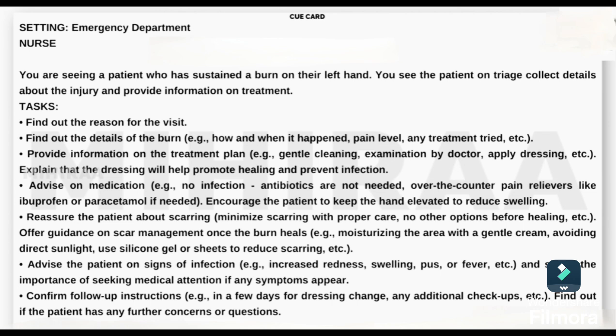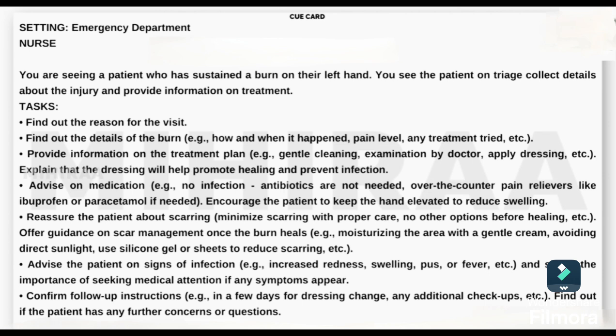Then you can add to the point, Joseph, I would like to advise you a few more things to keep in your mind, like signs of infection. It is important that after a burn, please check for any signs of infection such as increased redness, swelling, pus on the affected part, or if you feel fever, please try to contact us as early as possible.